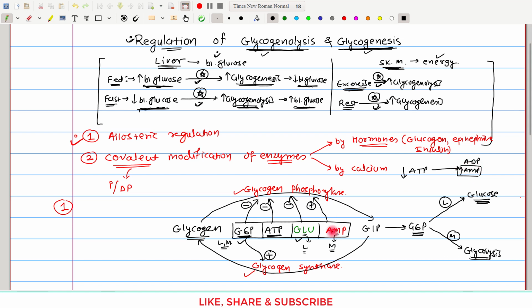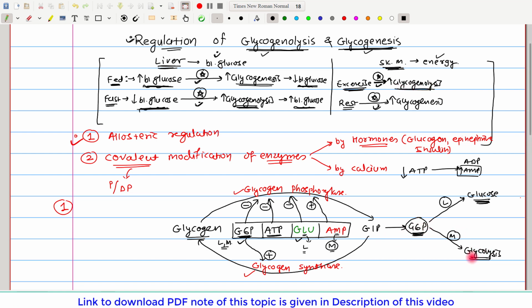See, this AMP in the muscle, what is it doing? It is activating glycogen phosphorylase. That means there is increased glycogenolysis. So by this increased glycogenolysis, glucose 6-phosphate will be increased, and so there will be increased glycolysis, which will provide ATPs, right? And these ATPs will get replenished. And the opposite will occur whenever we are in the resting state, right?